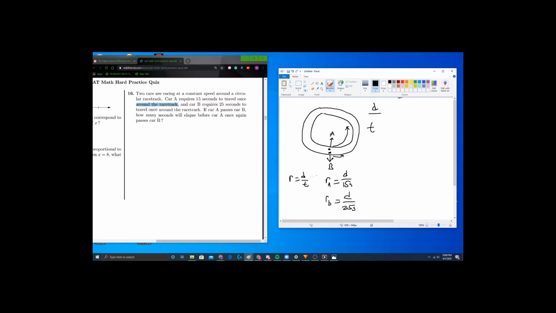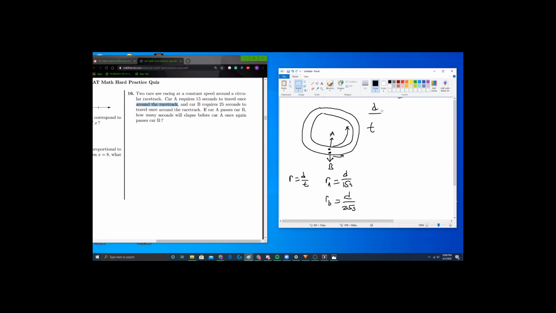For example, we have the rate D over T times T. We cross out the T and we're left with D, a unit of length, how far you've traveled.